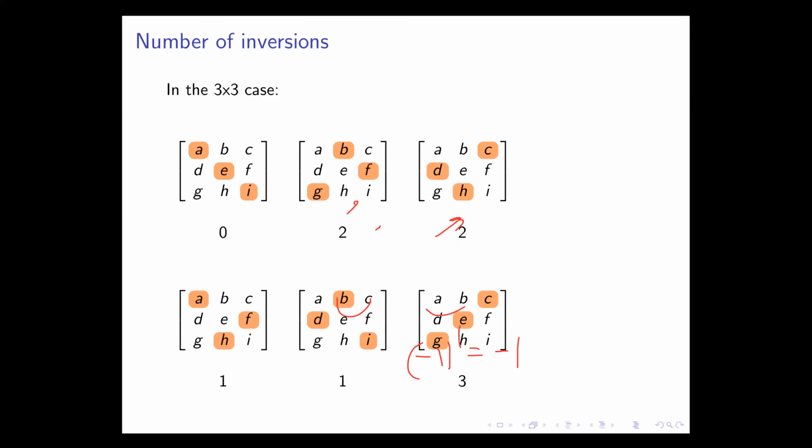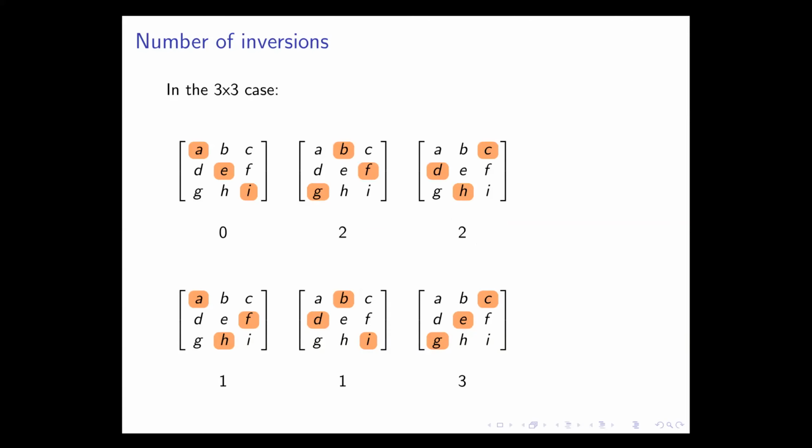Okay. Now, in the 3 by 3 case, again, here are the numbers of arrows that we can draw. Here we can draw 2 arrows this way, 2 arrows that way.